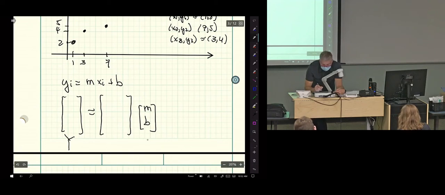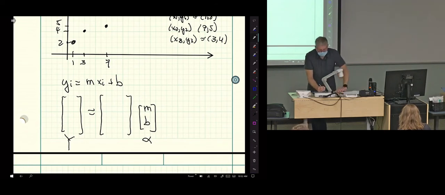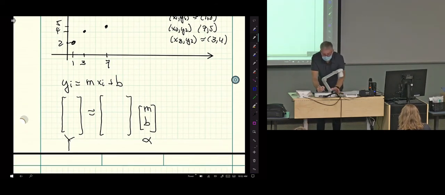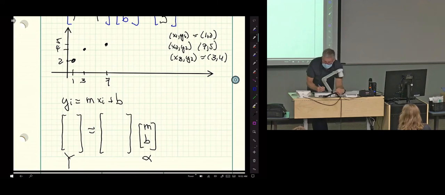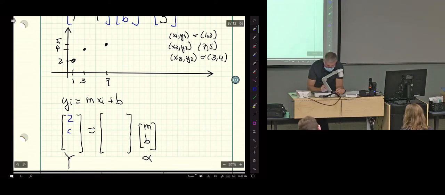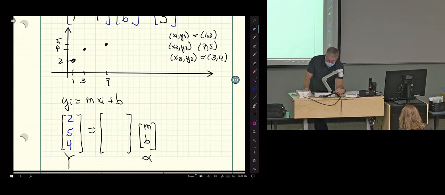So here's our unknown, which we called alpha before. And vector y is just the y1, y2, y3 all stacked up. So if I fill in the y, it's the y values, so I get 2, 5, and 4.